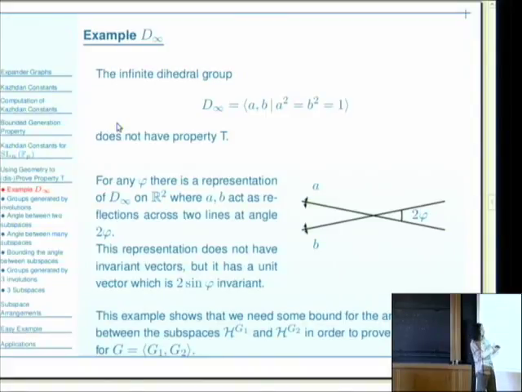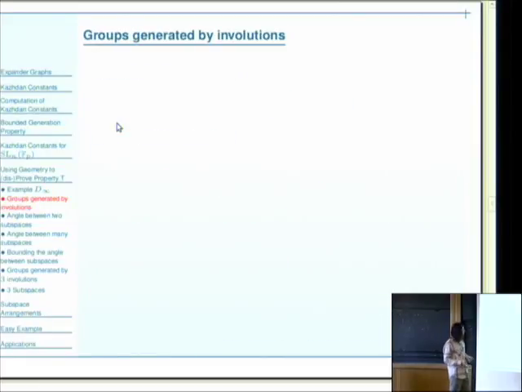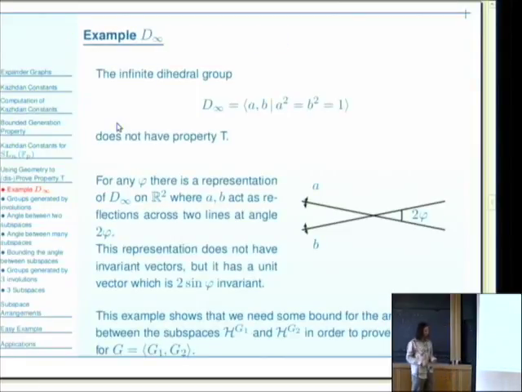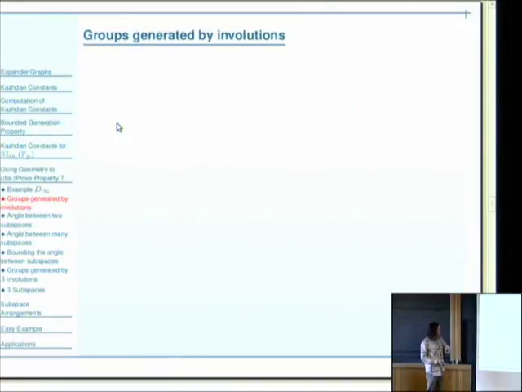So somehow I have to bound the angle between the two fixed subspaces. You have to think of these subspaces as sitting in some bigger space. I have to bound this angle in any representation of the big group. Because in general I can, let's go to the next slide.